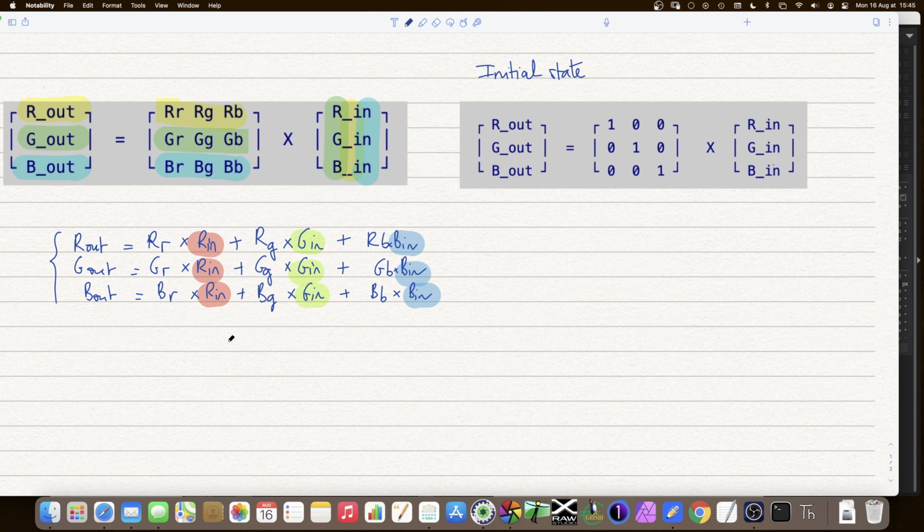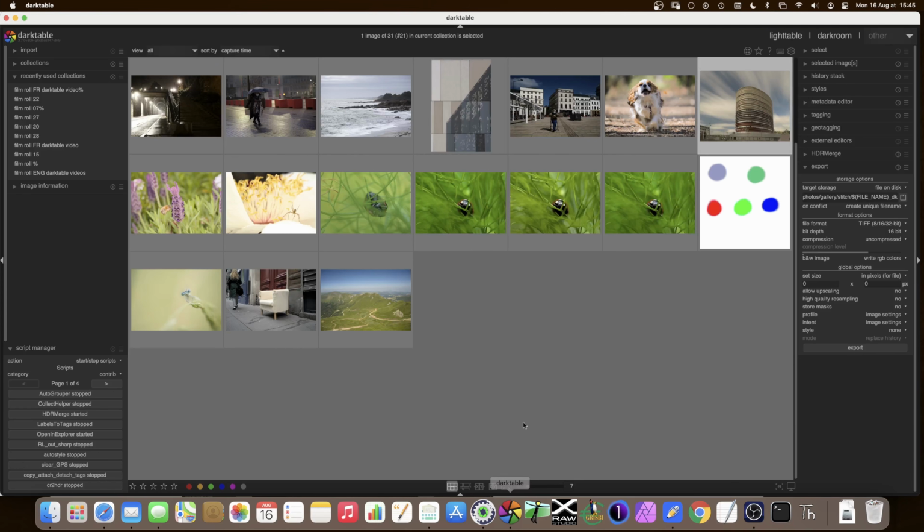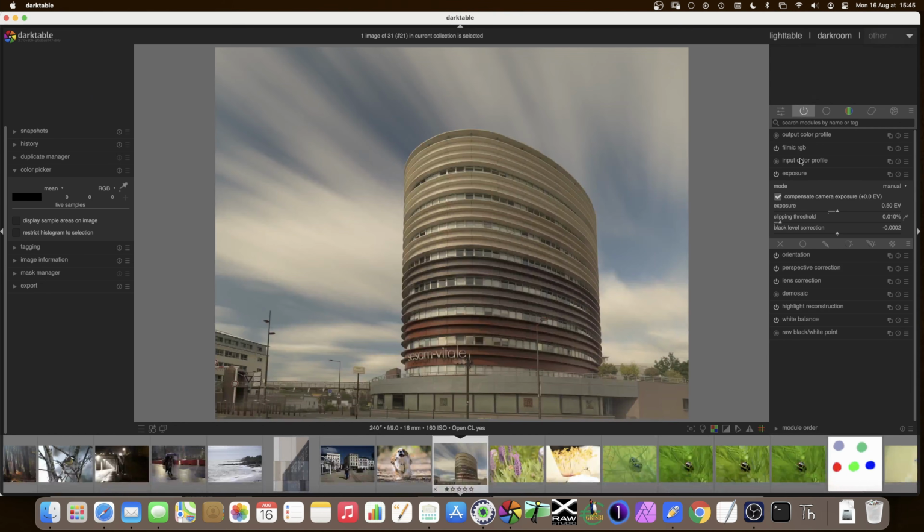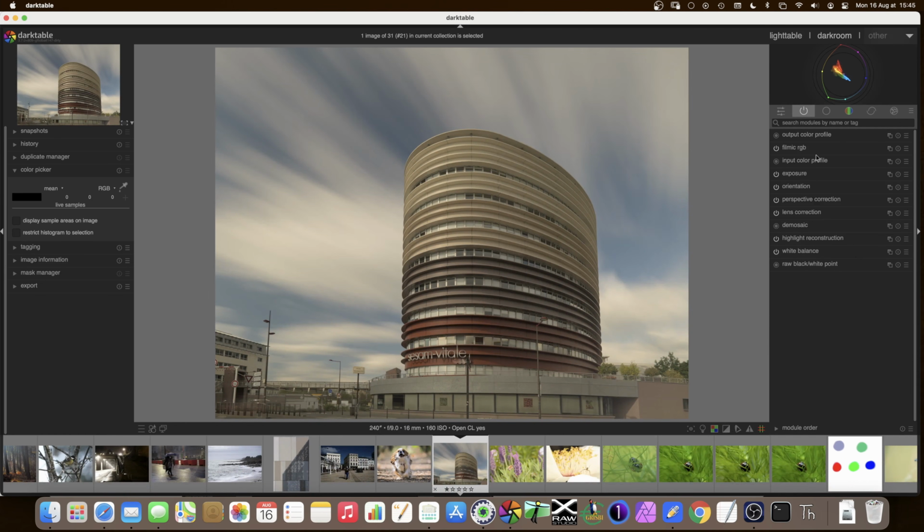And we find that in the Darktable interface. If I go to color calibration, here I have one tab for red, which has red input, green input, blue input, so red in, green in, blue in.